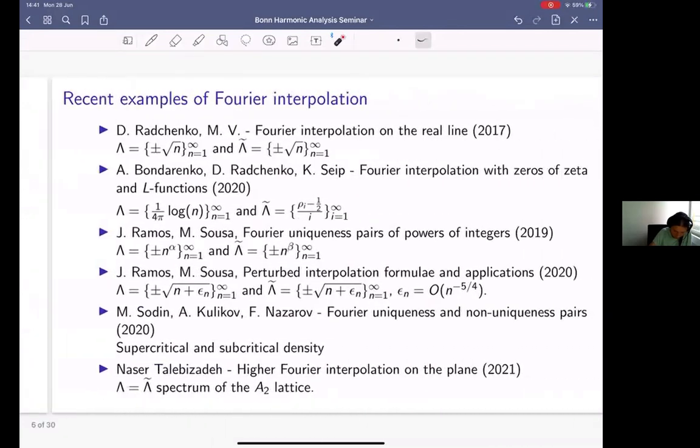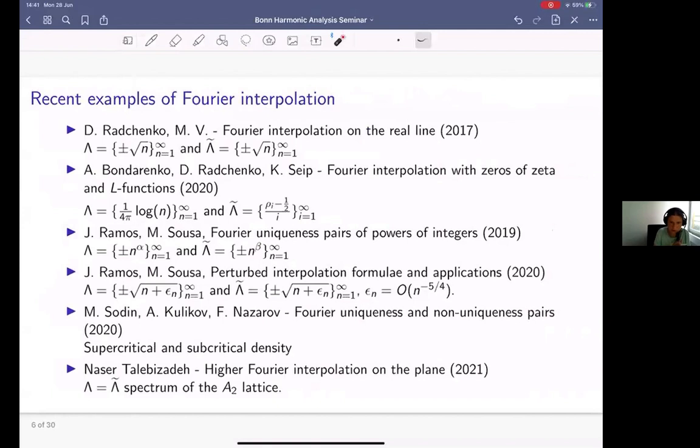And so here is the list of some more recent results on this topic. I've recalled the classical results on Fourier interpolation. Maybe one big difference from the classical Shannon interpolating formula is that in all these cases, both sets lambda and lambda tilde are discrete.